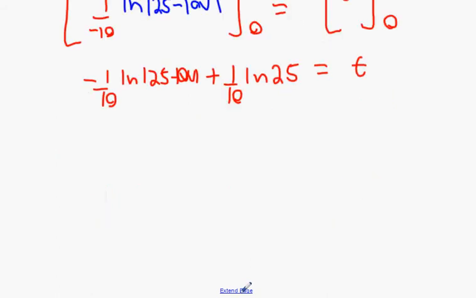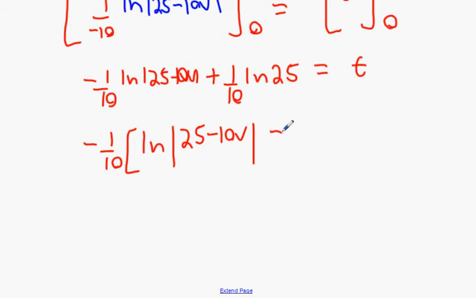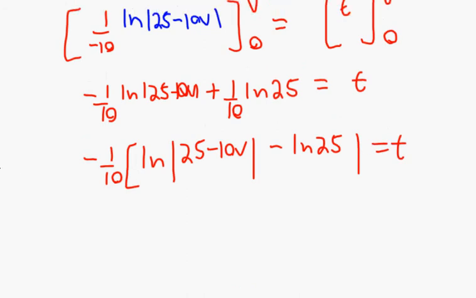We join the two together and take out minus a tenth: minus 1/10 times ln of 25 minus 10v minus ln 25 equals t.